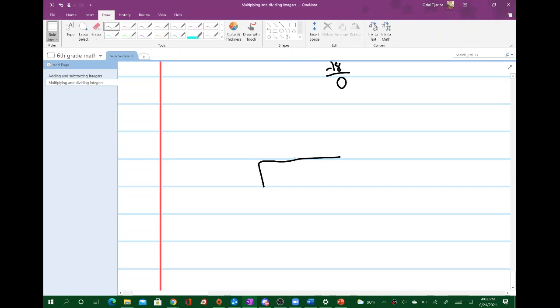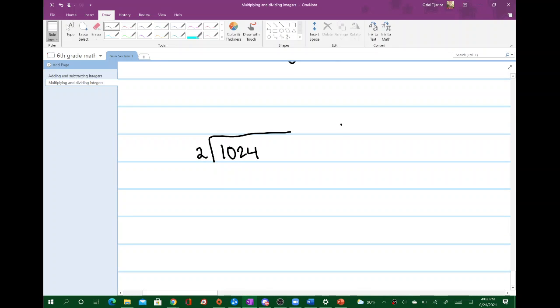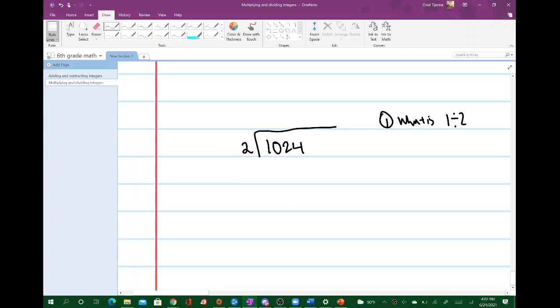Let me do one more example of these. If I have 1024 divided by 2, I'm going to say, well, number 1, what is 1 divided by 2? Well, in reality, we can't do that. So we're just going to put a 0. In reality, that cannot happen.